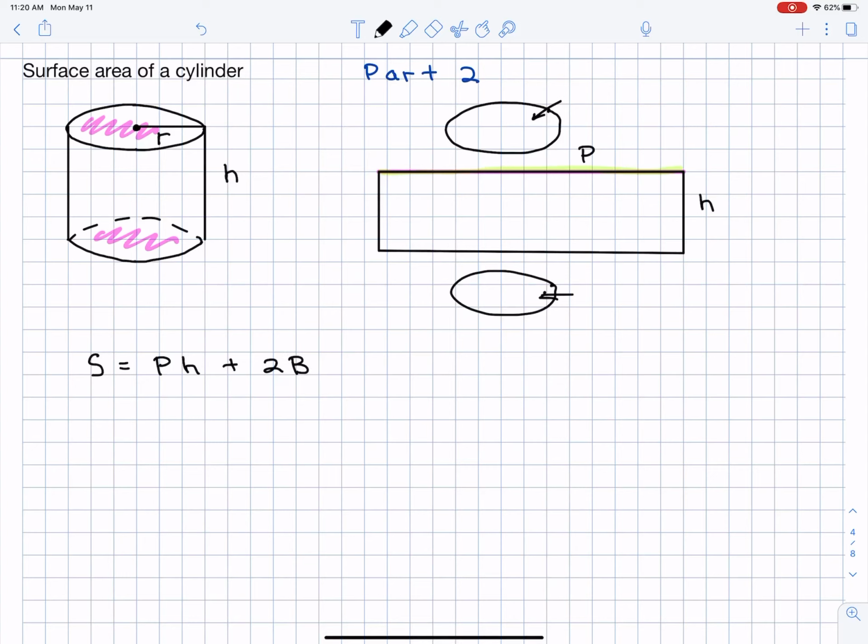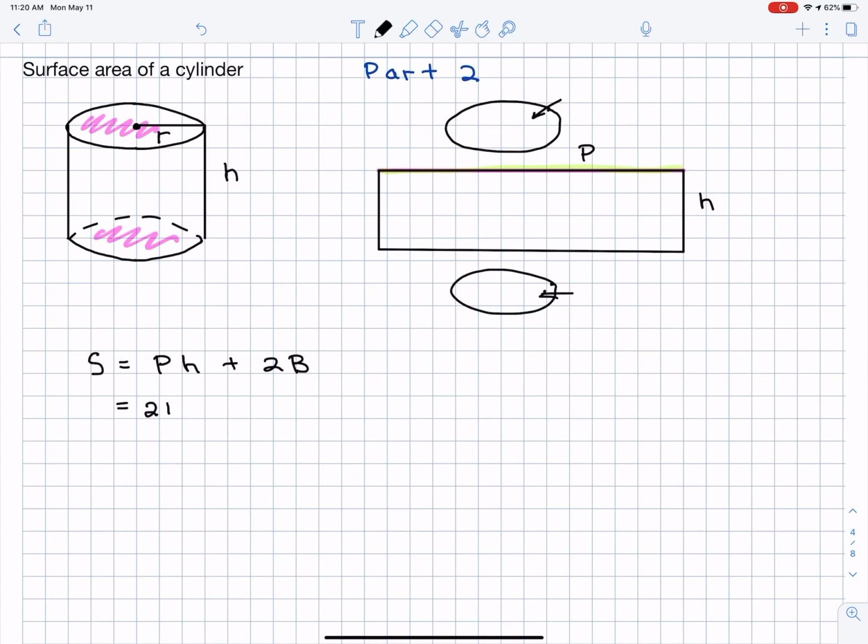But again, the perimeter of the circle in this case is the circumference of the circle, which is 2 pi r. So this right here is our perimeter. We're going to multiply that by our h, plus our two B's. But notice it's exactly the same formula. It's just that our perimeter, we have to come up with differently.